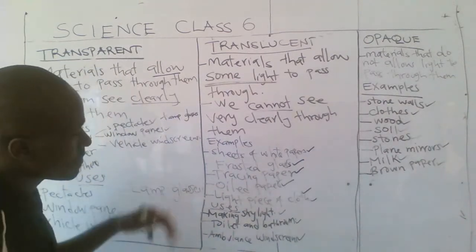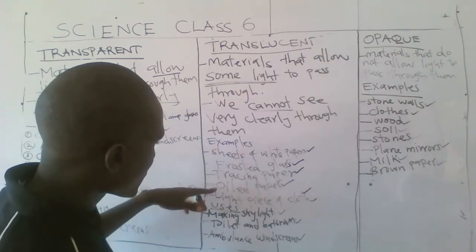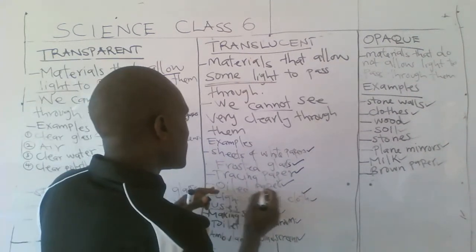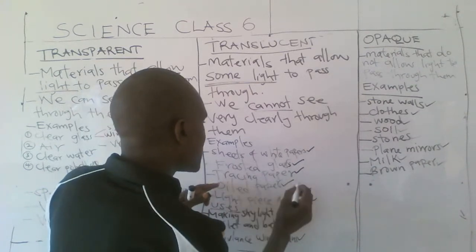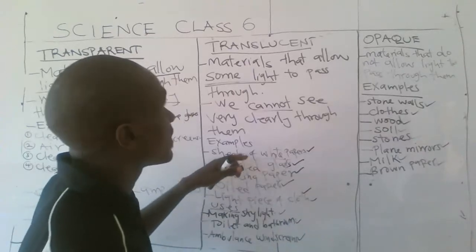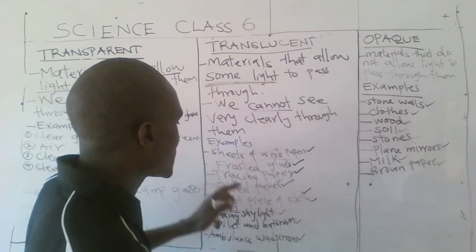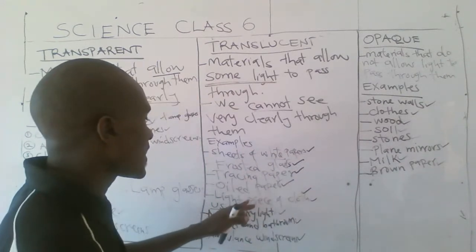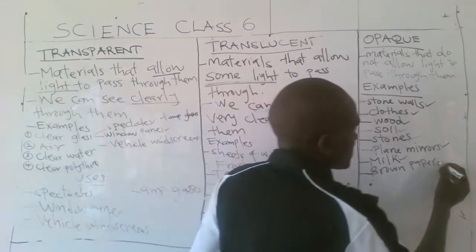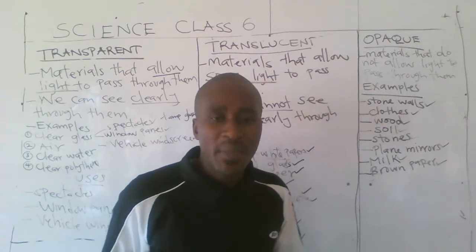Like we talked about, remember we mentioned oil paper, dressing paper, sheet of white paper. Oil paper is translucent, light piece of cloth, and dressing paper are translucent. But brown paper is opaque.